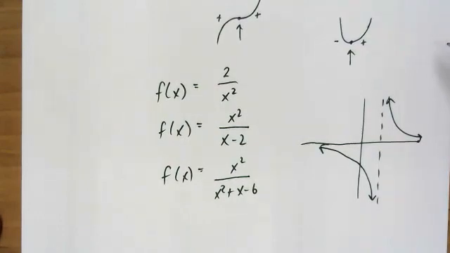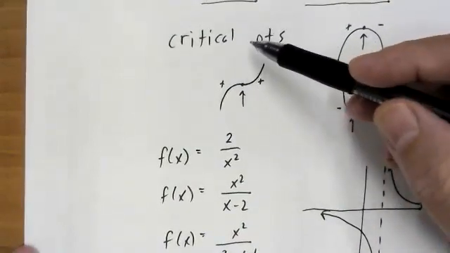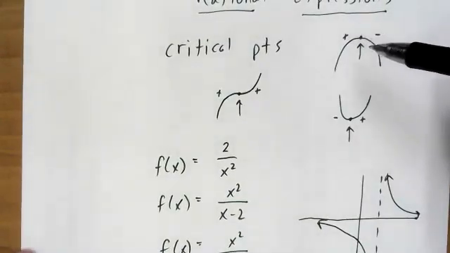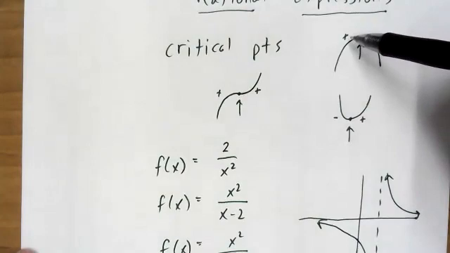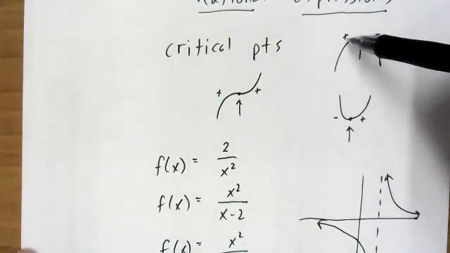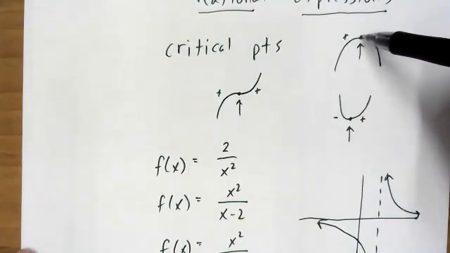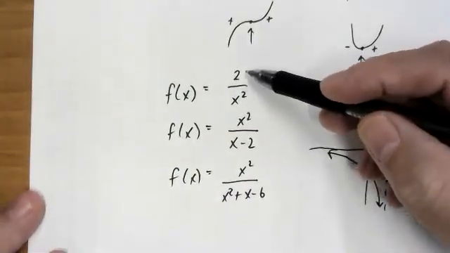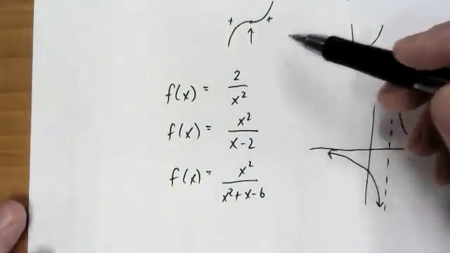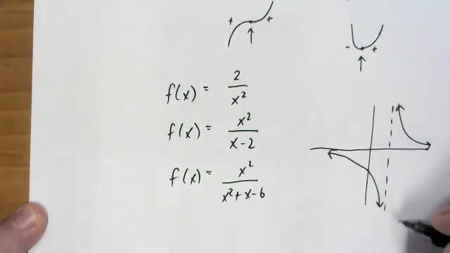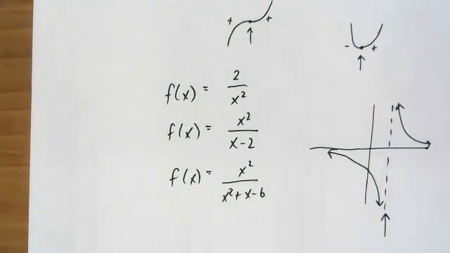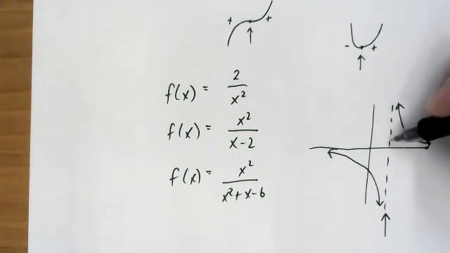What we have to do is now go find the critical points, because the critical points are where the sign of the first derivative can change. But when we're looking at a rational expression, we also have to take into account any vertical asymptotes. Vertical asymptotes are the values of x which would cause the denominator to be 0.